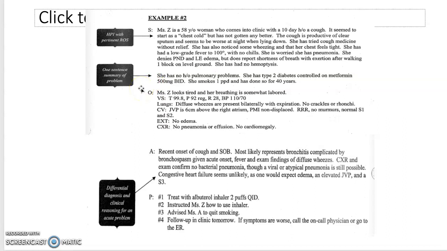Then in the objective section, it's again a targeted exam. The assessment summarizes the patient's subjective and objective findings and gives a list of differential diagnoses, including their rationales in the order of most to least likely. And again, a step-by-step, easy to follow, numbered plan.